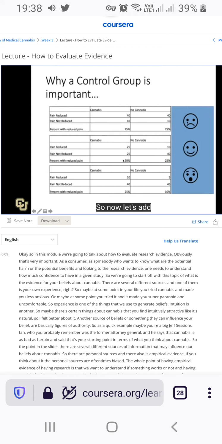So now let's add the control group and let's look at how these things might be different. So before we were excited about 75% showing a decrease in pain, but when we have a control group and we find out the same numbers, right, 75% show a decrease in pain over time, now we're not so excited because the cannabis group and the control group are showing the same level of pain reduction.